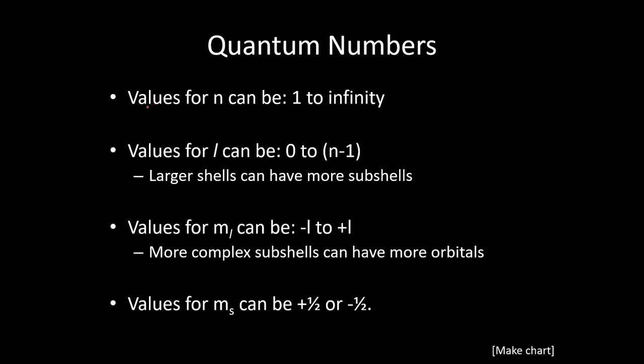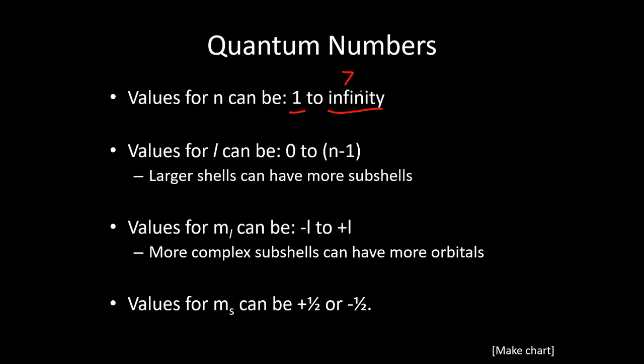So for example here, the rules for the principal quantum number, the first quantum number that describes where an electron can sit in an atom, is that the values for that quantum number can be anything from 1 up to infinity. Now in reality, we're never really going to see anything above 7.